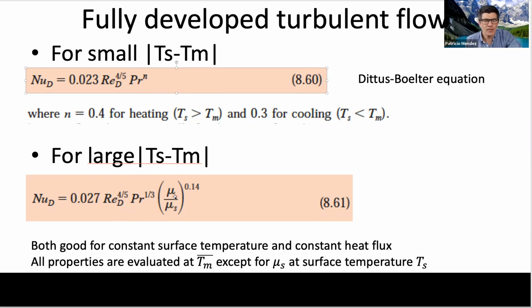From the point of view of plug and chug, you just look at this and you plug and you chug. Easy. But from the point of view of relating things and making sense, we know what this Prandtl to 1/3 is doing. We know that this is not good for molten metals because molten metals have something else, right? We know that this is for turbulent because it's a Reynolds to the 4/5 instead of being Reynolds to the 1/2 or something like that.